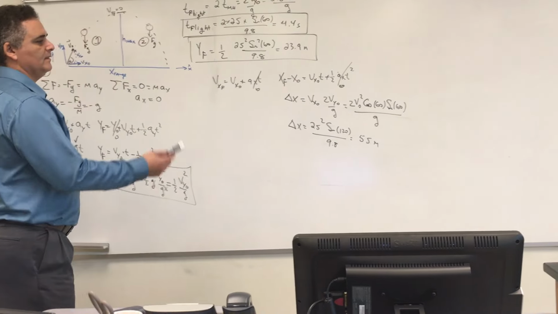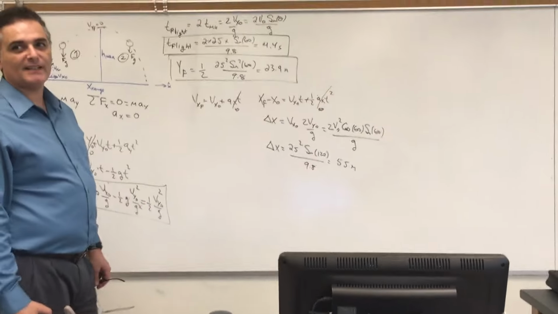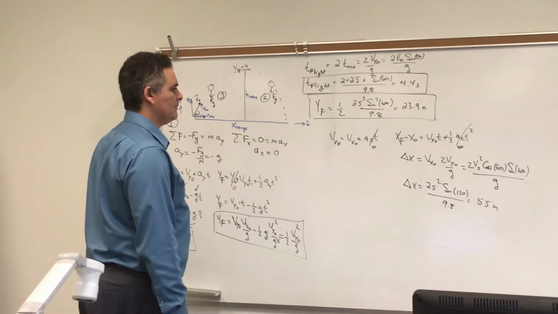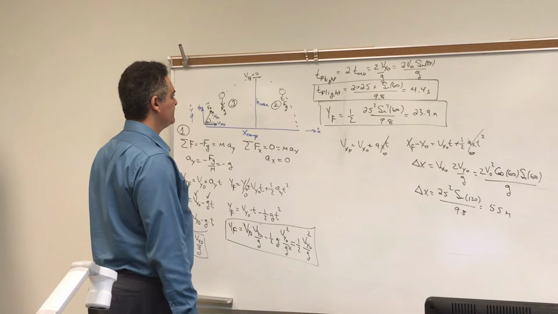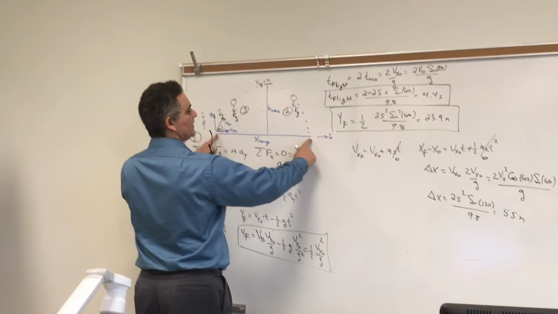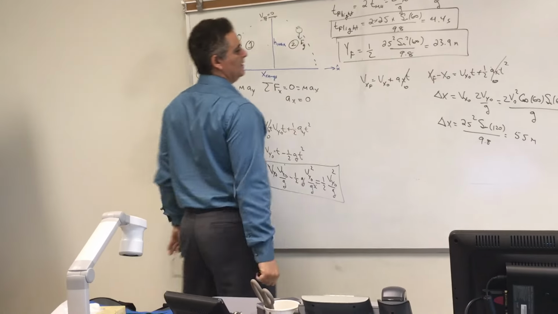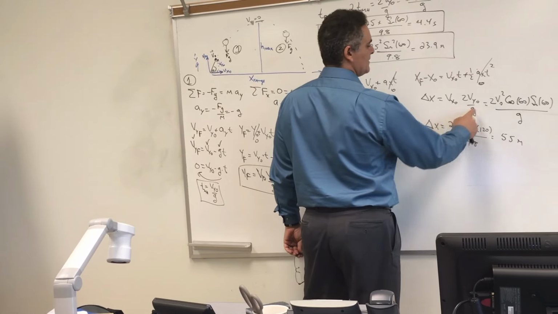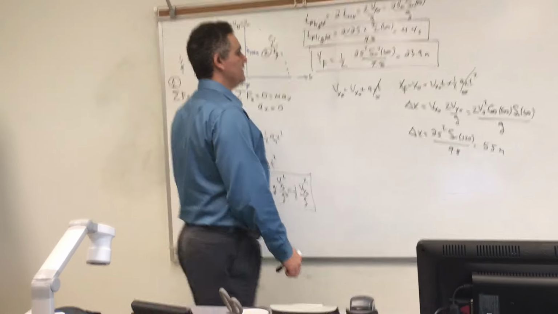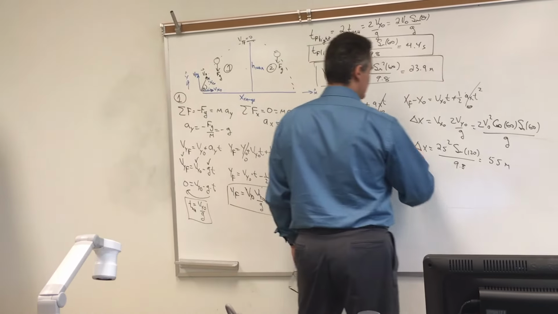I cheated. But I get the same answer, so 55 meters. Maybe I did something wrong. Anyways, the time it took to go from here to here is literally the time of flight, and so we said Vx times the time of flight, which is this guy, and then the final answer is 55 meters.